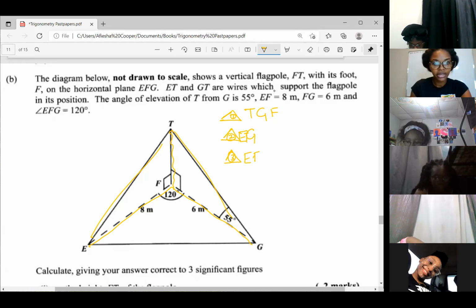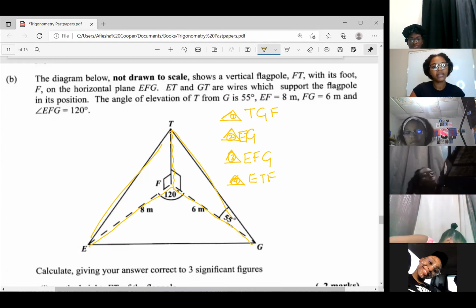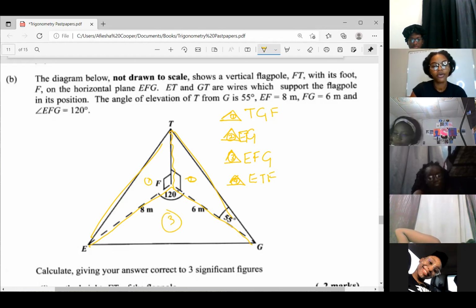And another triangle, ETF. Yeah. So 4 triangles: 1, 2, 3, and the whole thing 4.